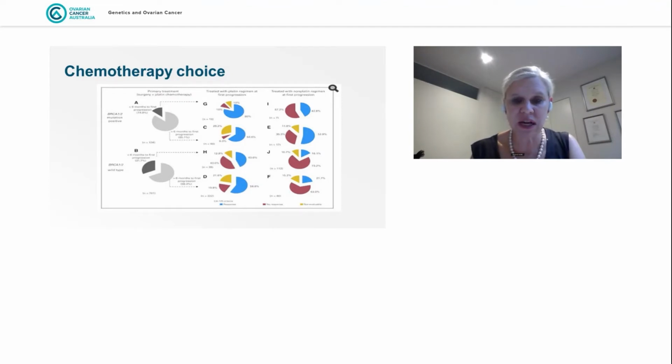But if an ovarian cancer relapses, particularly for those BRCA1 and 2 carriers, we would generally offer platinum as second-line treatment, and often those tumours respond again and again and again to platinum-based chemotherapies before resistance would occur.